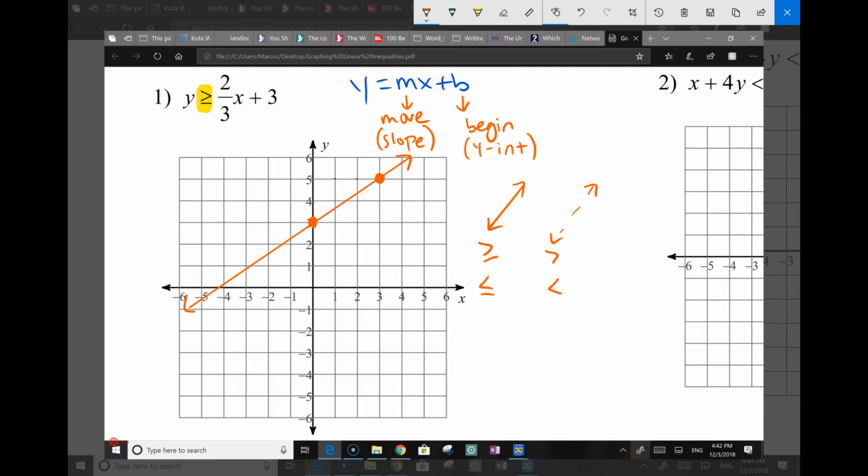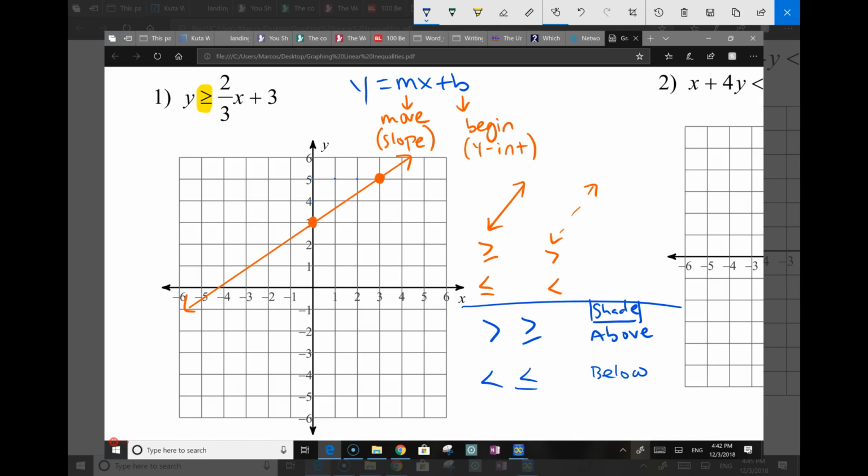And this involves some shading. So when you have greater, or you have greater or equal, then you shade above. So think of greater as above. And when you have less or less or equal, you shade below.